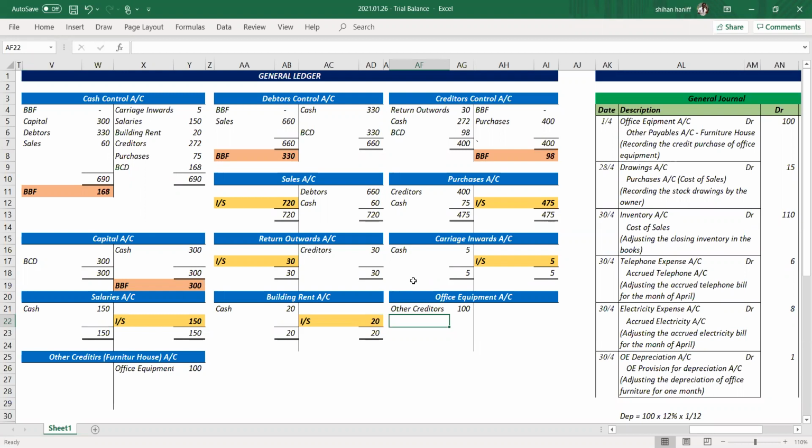For them only we prepare the creditors control account. So this one, office equipment, is purchasing a non-current asset, a fixed asset, on credit. So we can't record it in the creditors control account. You have to show it as a separate creditor.